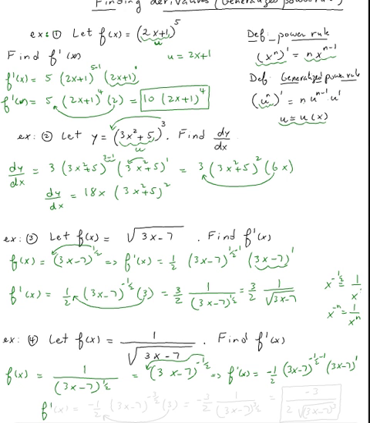Now f prime of x is equal to negative 1/2 (3x minus 7). Negative 1/2 minus 1 is negative 3/2. And the derivative of 3x minus 7 is 3. Now again, I'm going to multiply these two. I'm going to get minus 3/2.